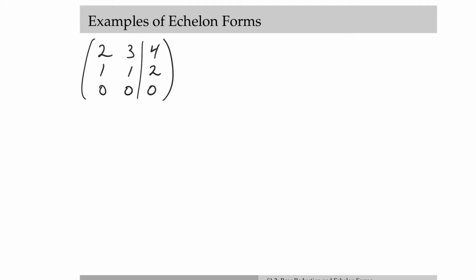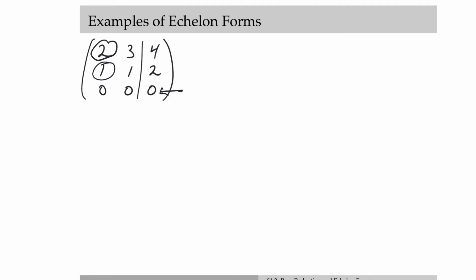To see whether or not this is in echelon form, let's go through the checklist. Are all the zero rows on the bottom? Yep. Do the leading entries stair step down? Well, remember, the leading entry in a given row is the first non-zero entry. So that's a leading entry, and that should be a leading entry. Do they stair step down? No, they don't. So this is not in row echelon form.